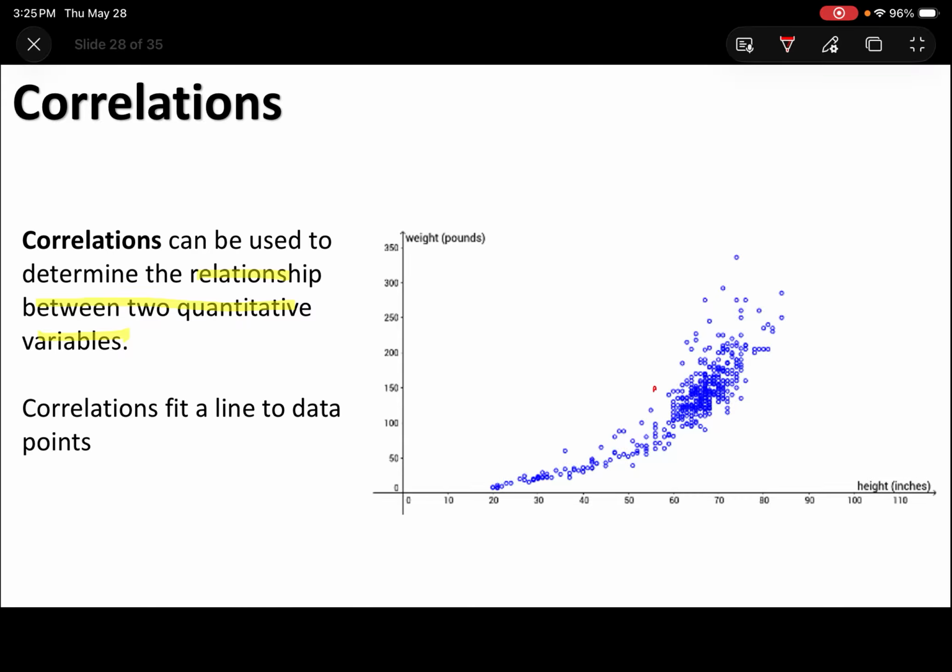We would then put it on the graph. At 60 inches, they're 150. And you do this for a bunch of people. So if I did this with all of you in here, I had you tell me your height and your weight, I could then graph it, and we could see that height and weight seem to have a relationship. And then we could have it draw a line and tell us how correlated, how related height and weight are. Correlations are all about the relationship between two variables.